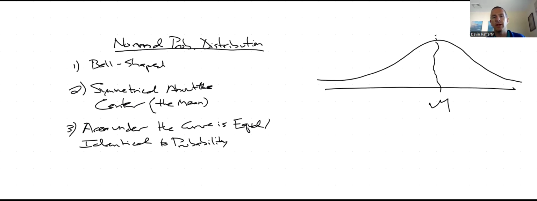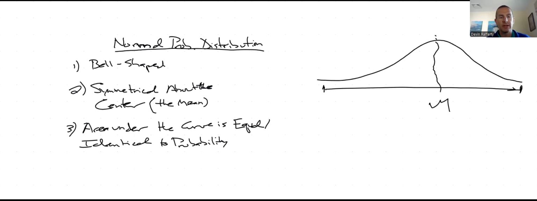The area under the curve from here to here, the area under the line on top, the bell shape, the total area under this curve is the same as probability. It's equal to it.